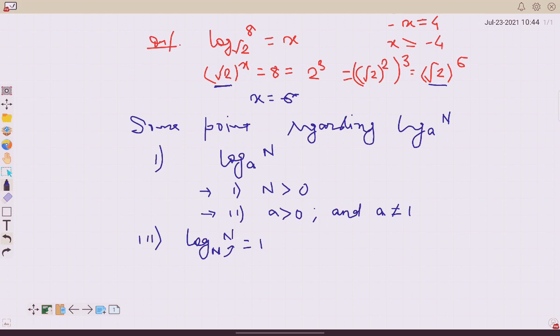So our answer should be 1. You can check by converting into the form of exponent also. Let's say log n base n, just consider this value as x. So we can write n raised to the power x is equal to n. So what should be the value of x? x is equal to 1. So we can convert log into the form of exponent, and after that we can find the value of x.